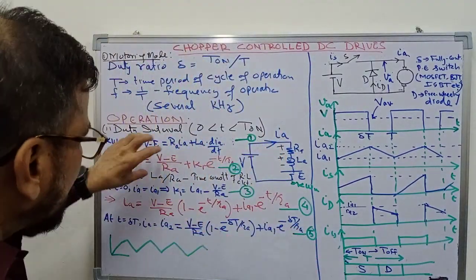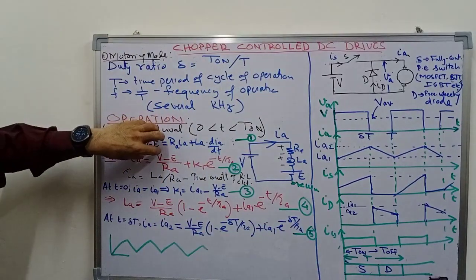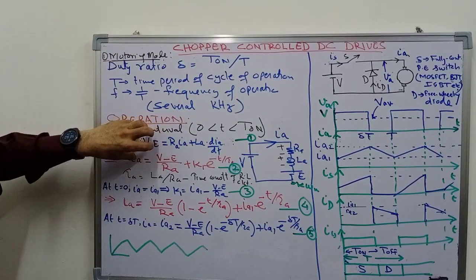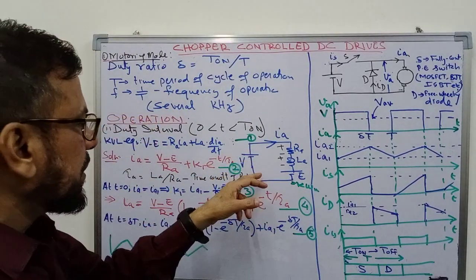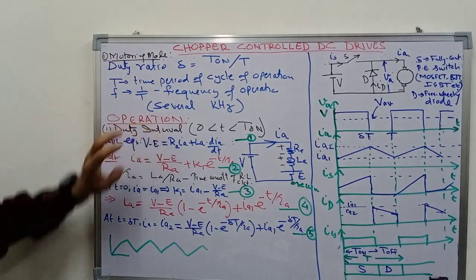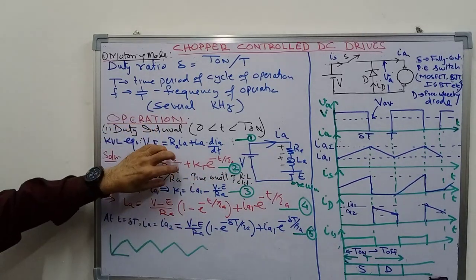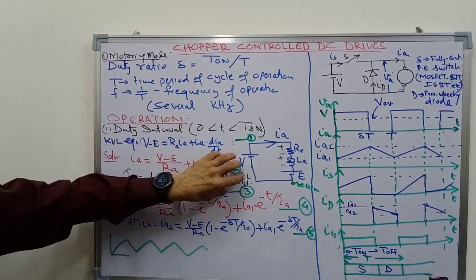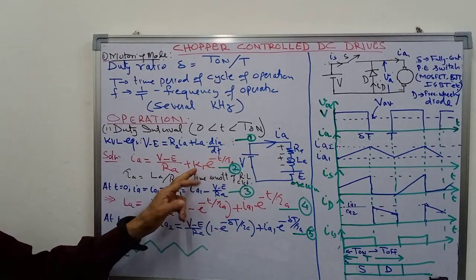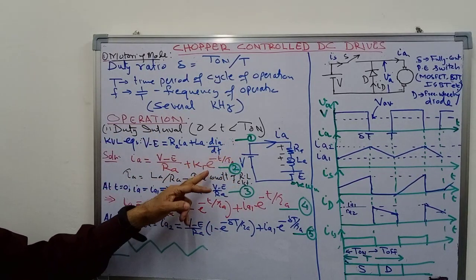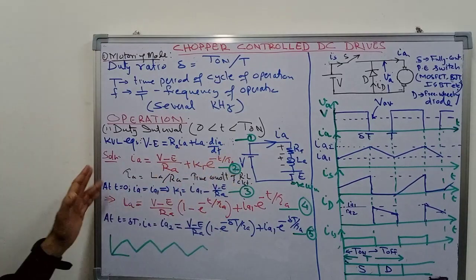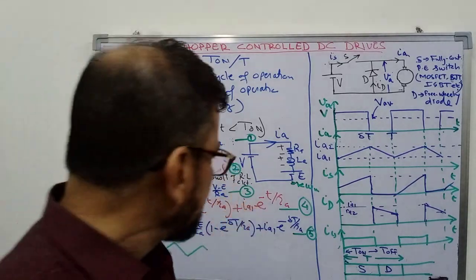So here you can say that this is a voltage source of magnitude V minus E, so you can combine these two sources together. So it will be V minus E divided by RA, that will be the steady state current, plus the transient current having the term some constant K1 e to the power minus t upon tau a. So this equation you may call equation number 2.